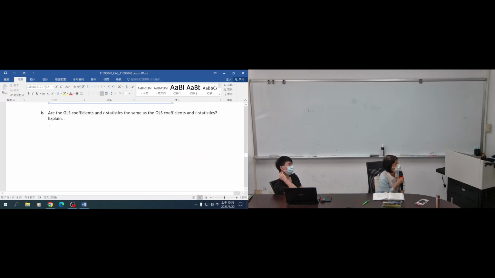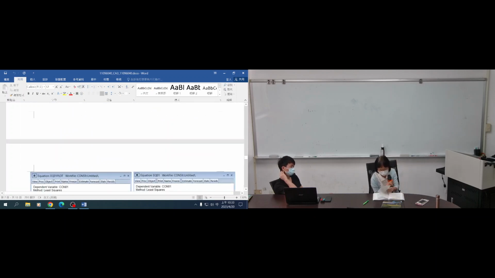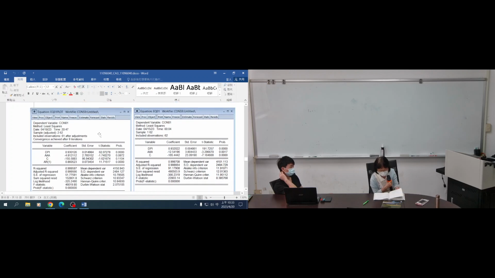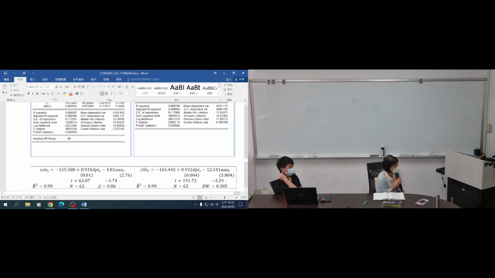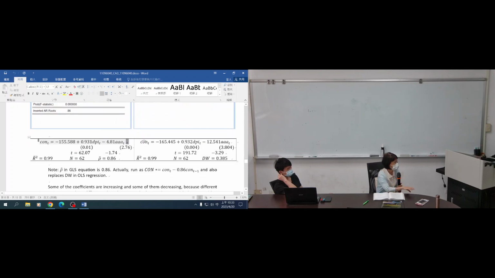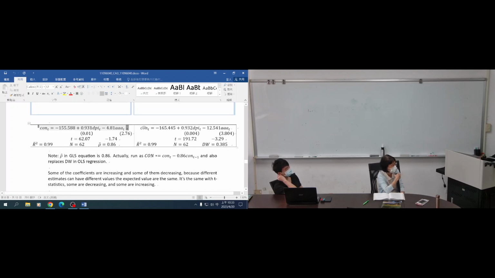This is the comparison between the original one and the AR1. As you can see, some of the slope coefficients are increased and some are decreasing, because different estimates can have different values while the expected values are the same.